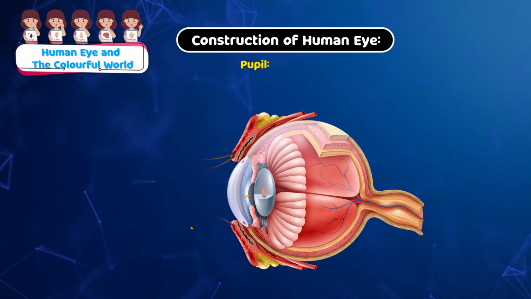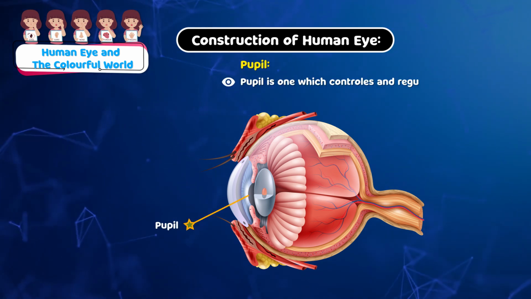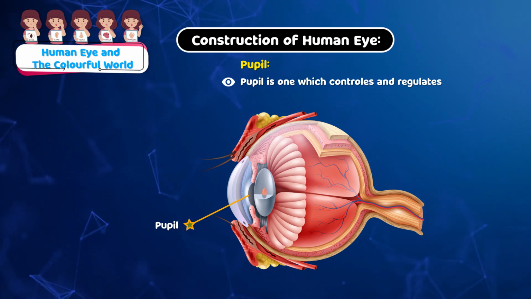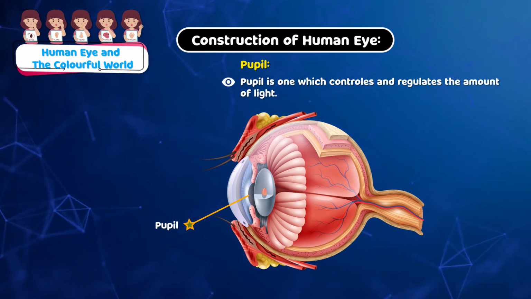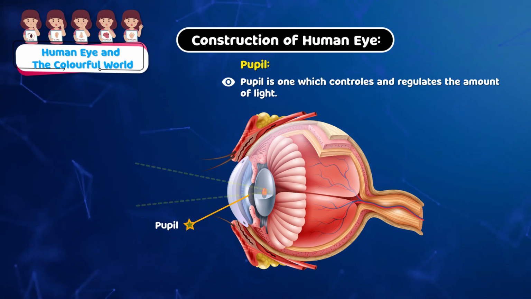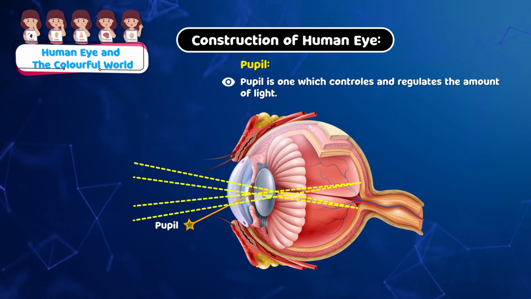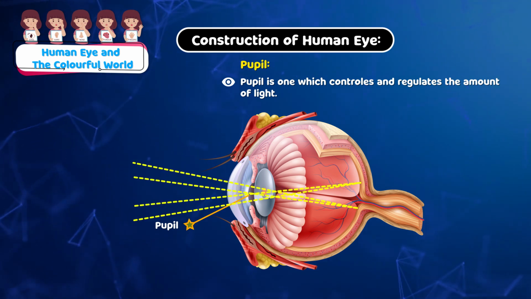Then comes the pupil. Pupil is the one which controls and regulates the amount of light. That means a lot of light is falling onto the eye, but only a portion will be taken. Depending upon the intensities, the pupil controls the amount of light that enters into the eye.